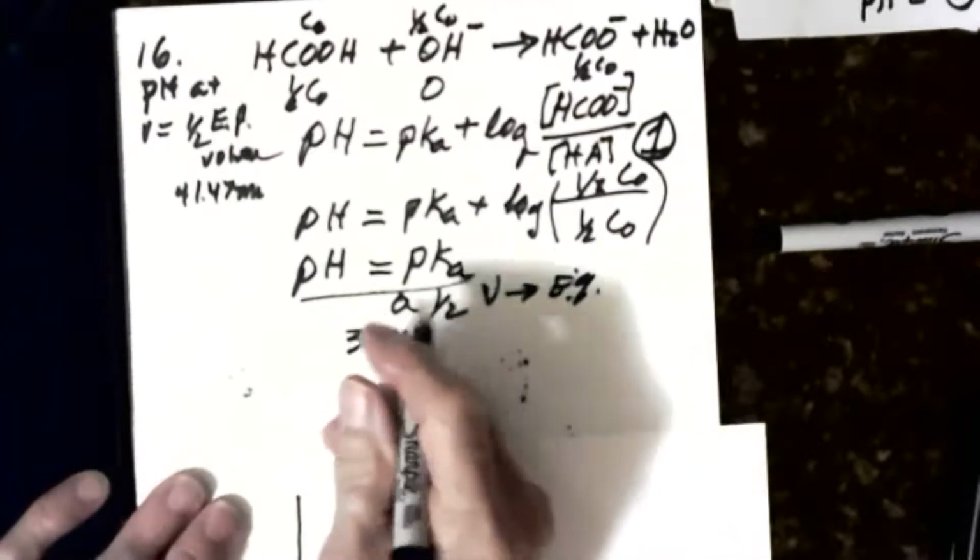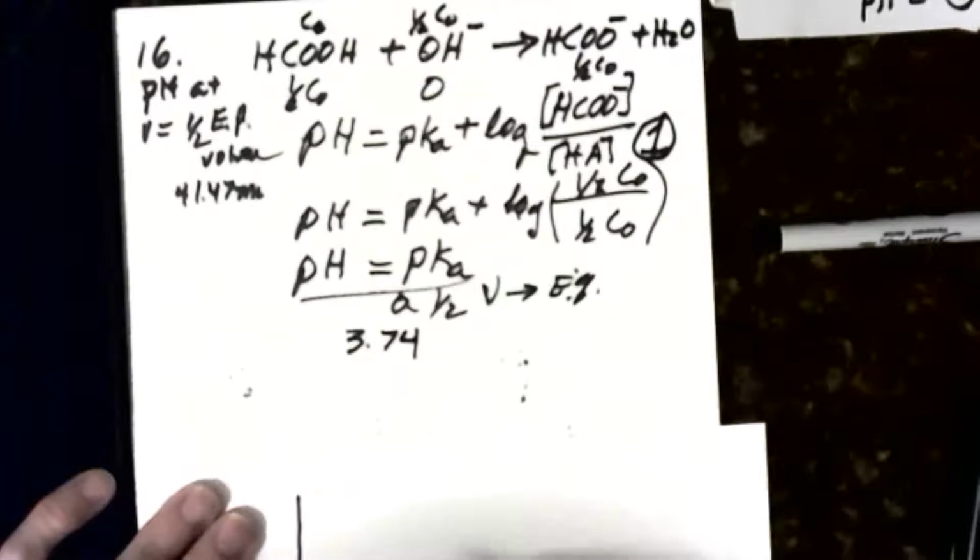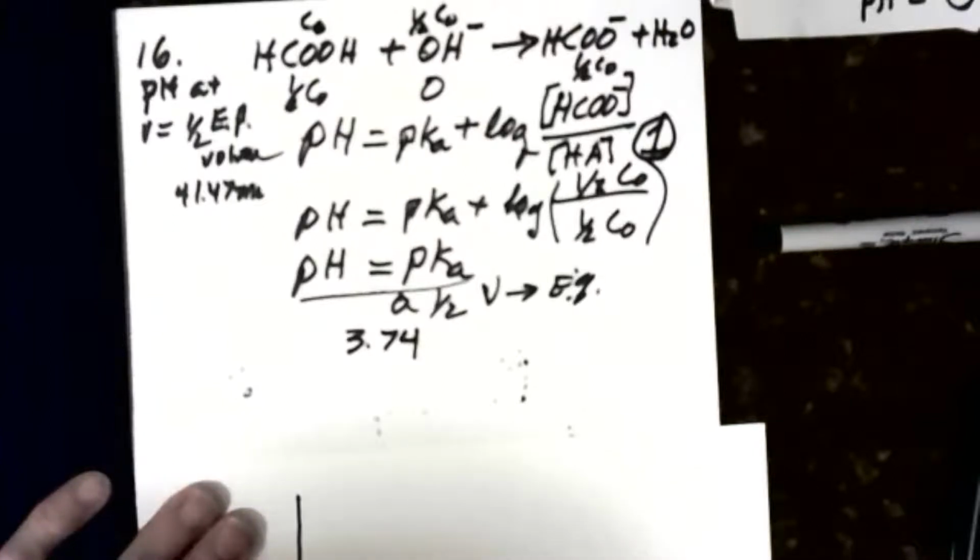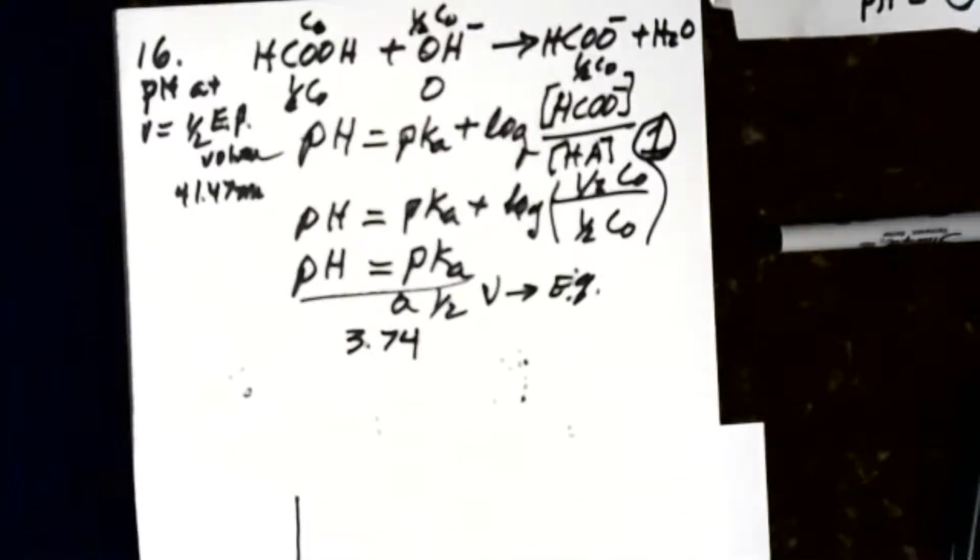So that should be the correct answer for that one. So at 2.37, when we get to half equivalence point, that's going to be 3.74 pH. So we've got this point, and now we've got this point. We'll add the other points as we go along.